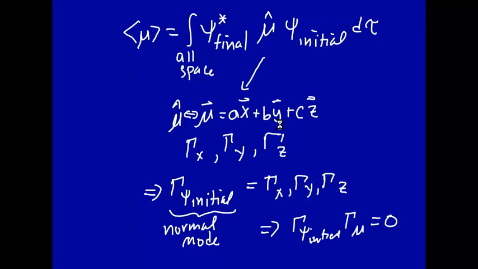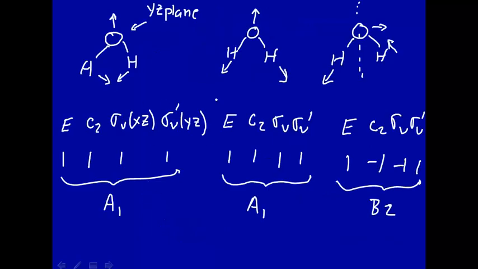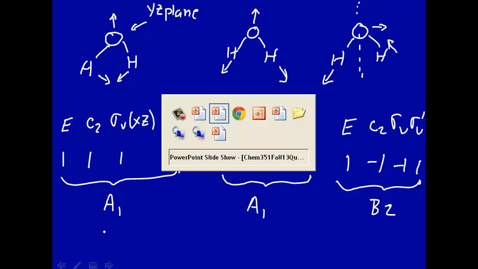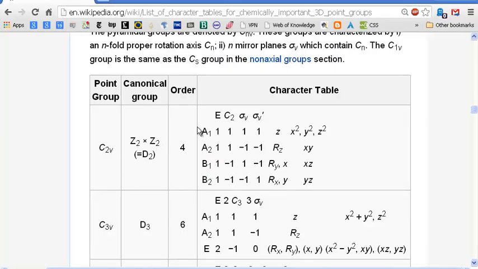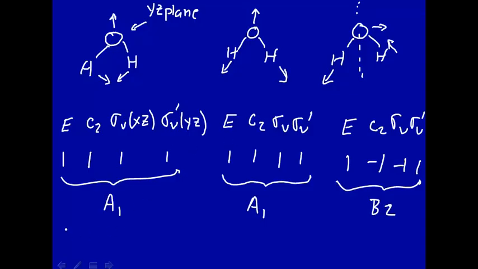Let's apply that to the water molecule and see which one of these would be infrared active. All right, let's look at A1 in the character table. If we go down here to this, A1, the z-axis transforms with irreducible representation A1, as does that particular normal mode. So therefore, when you do that integrand, that will not necessarily be equal to 0. So this then would be IR active, and the other A1 also IR active.